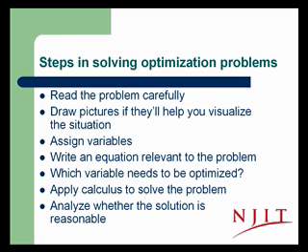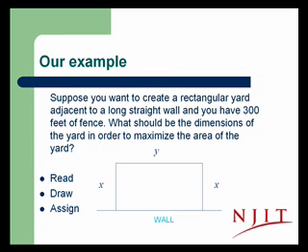We need to understand which variable needs to be optimized, and then using the equation and using calculus, we can solve the problem to find a maximum or a minimum. And then finally, we need to consider the solution that we get and ask ourselves whether the solution is reasonable.